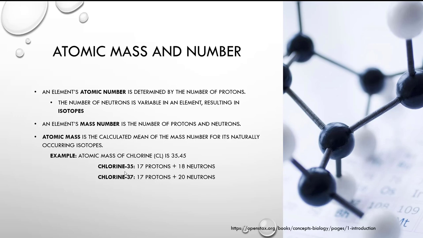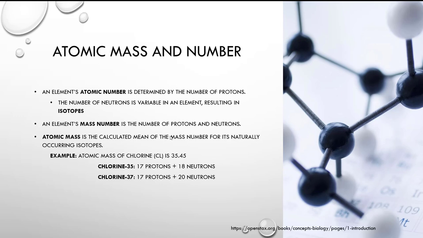And here's an example of an isotope. Here we have chlorine 35. In chlorine 35, we have 17 protons, that's its atomic number, same as this one, but there are 18 neutrons. In chlorine 37, there are 3 extra neutrons. So these are different isotopes of the element chlorine.